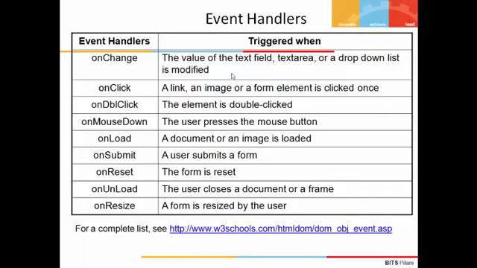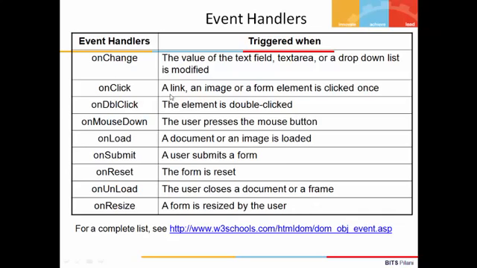Likewise, if you change the country to something else, again there will be a trigger which will get the states of that country and download them. In that example, on change would be very predominantly used.